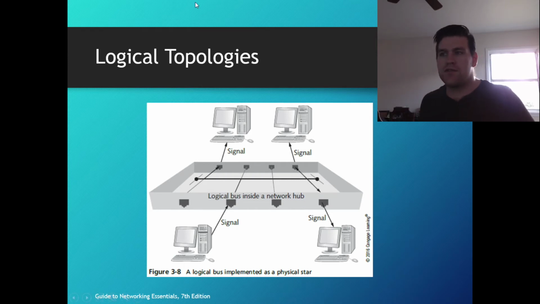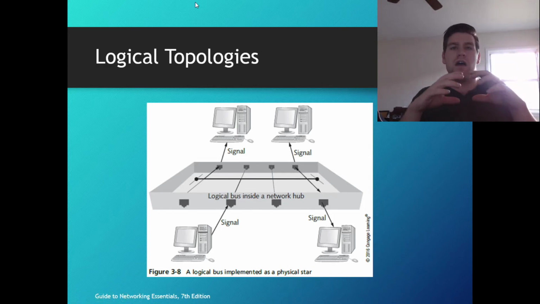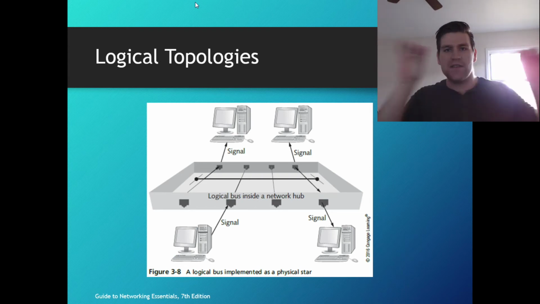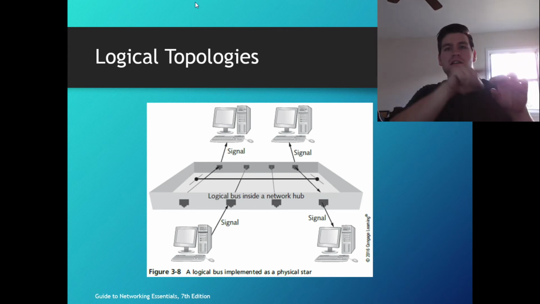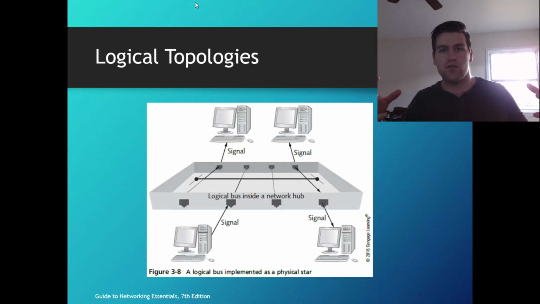Okay, and so you can kind of see the evolution of networking from the physical bus, where you actually had a physical daisy chain where computers were connected to device, to the repeater method, where it was just an extension of your physical bus. That's how a repeater functioned, right?